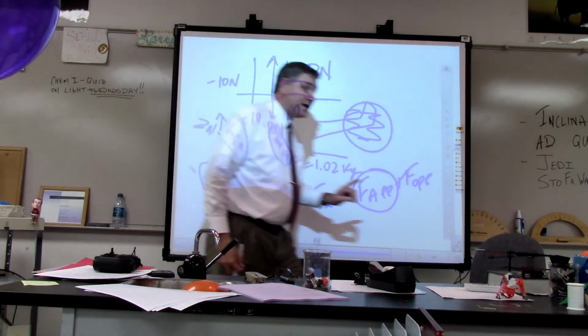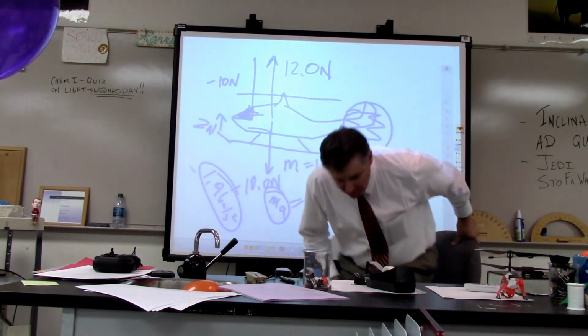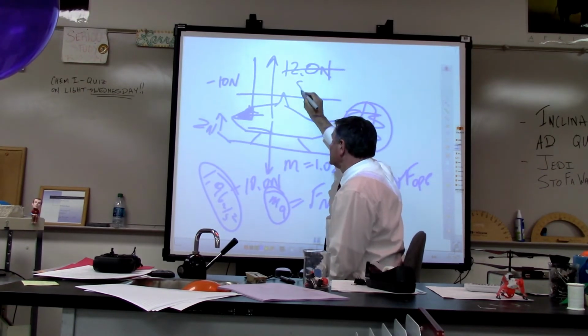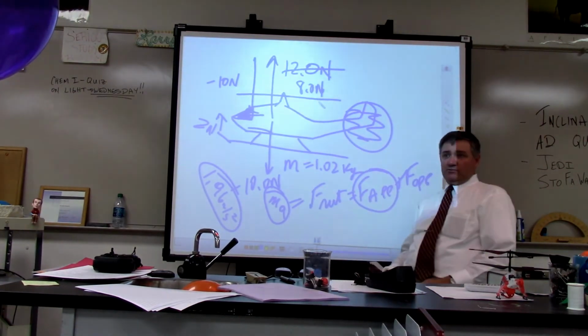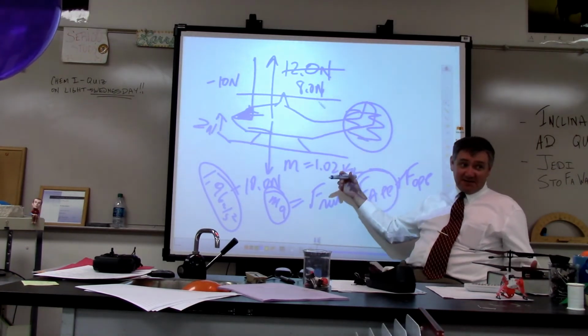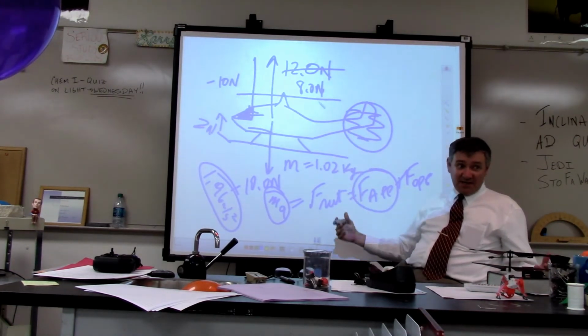Now, what if I reduce the power, and instead of 12 newtons, I cut it to 8 newtons? Well, we're crashing. Well, not necessarily. At some point I need to land. At some point I need to have negative acceleration.